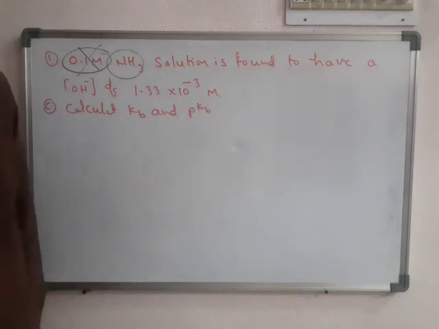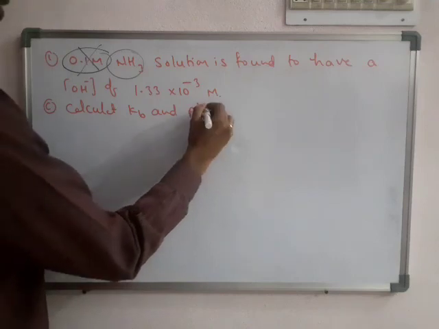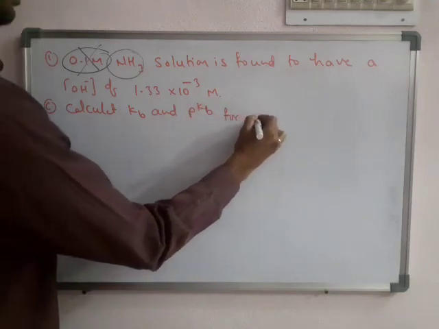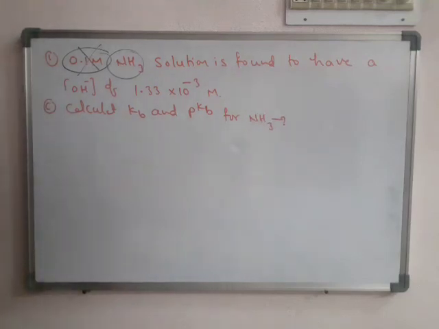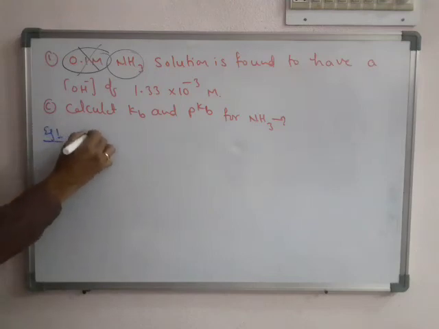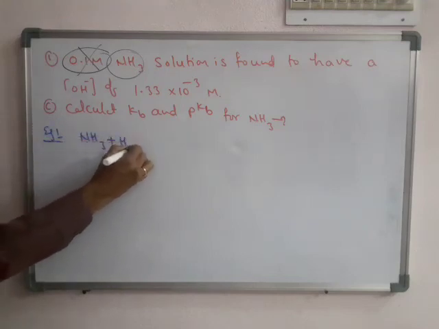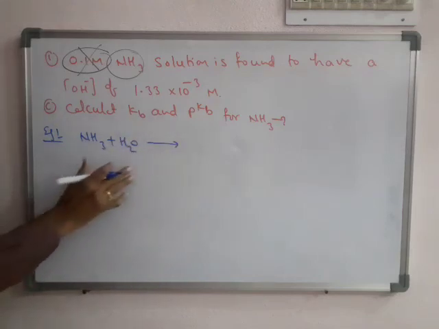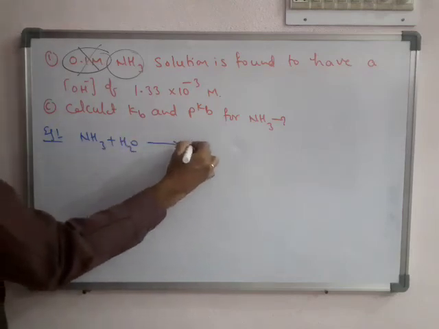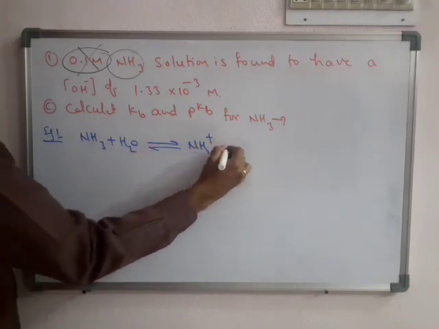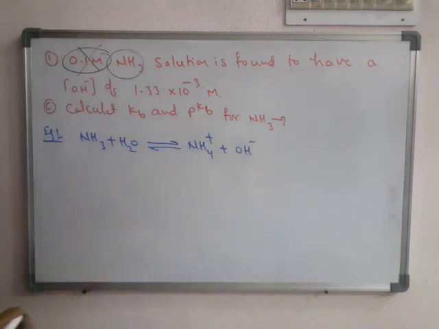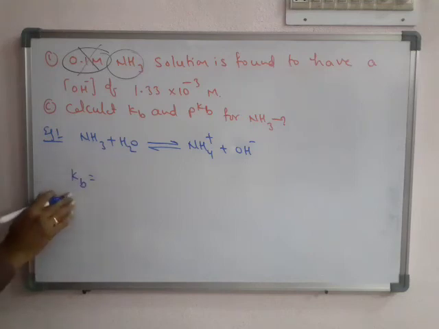So here, we know ammonia in aqueous solution becomes NH4OH, and on dissociation we know there is a formation of NH4 plus and OH minus. So how to write the equilibrium constant?